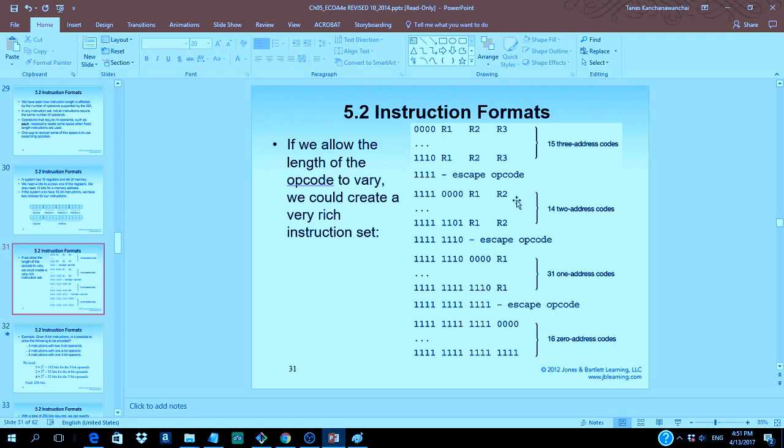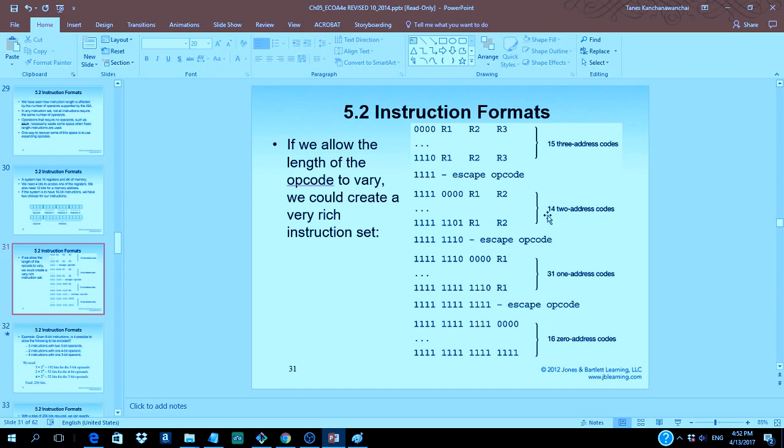Then for R1 to R2, we can have up to 1101, because we have to preserve 1110 for escape again, because we have to escape for 1 register.